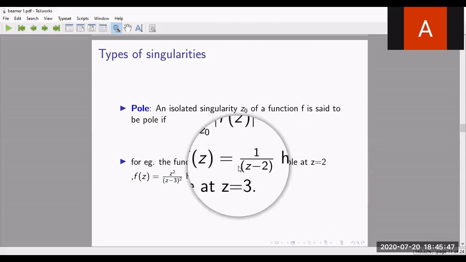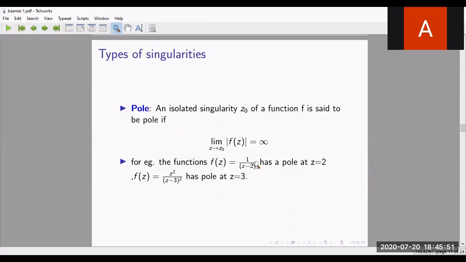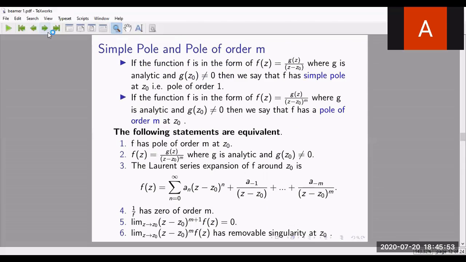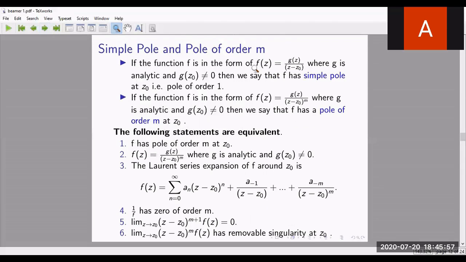The degree of the term z minus z naught is 1. That's why it is called a simple pole or pole of order 1. If it is a pole of order 1, clearly the function will be in this form, g of z, and the numerator function will be analytic and its value at that pole will not be 0.